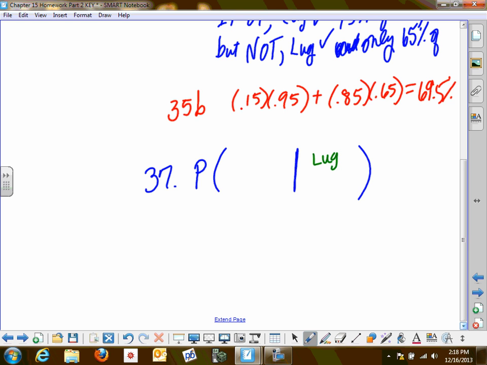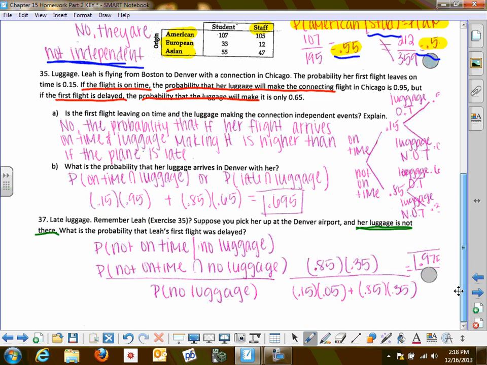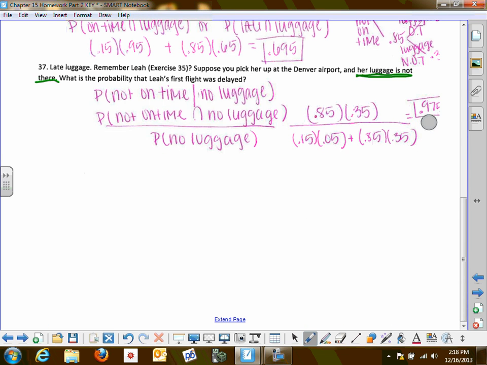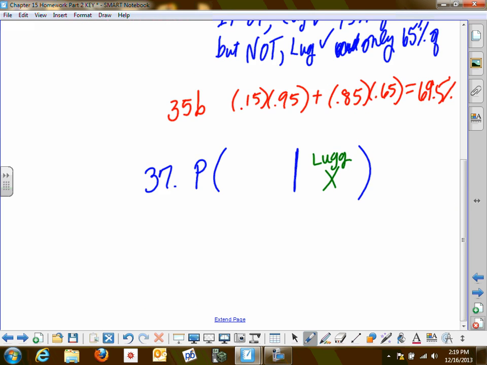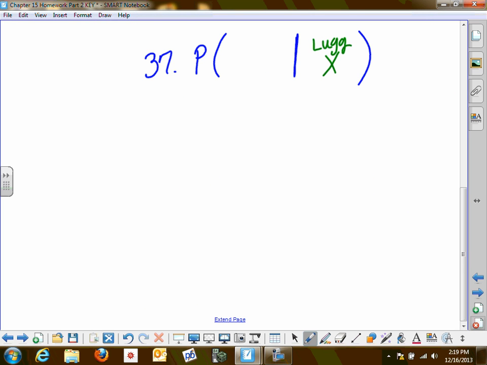Her luggage is not there. Okay, so given that her luggage is not there. Alright, then let's see what it's asking. It says, given that her luggage is not there, what's the probability her first flight was delayed? So, that means given that her luggage is not there, what's the probability that she did not leave on time? Okay, so that's what we're doing.